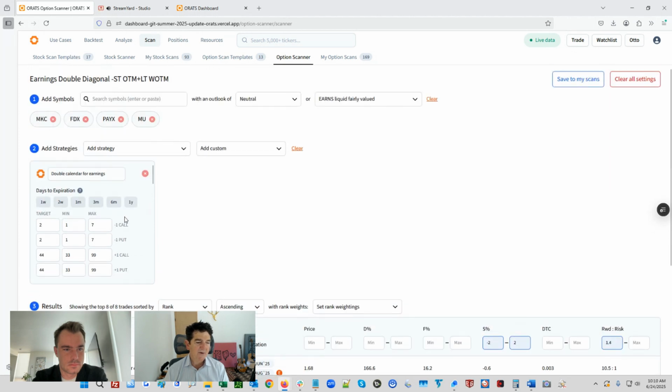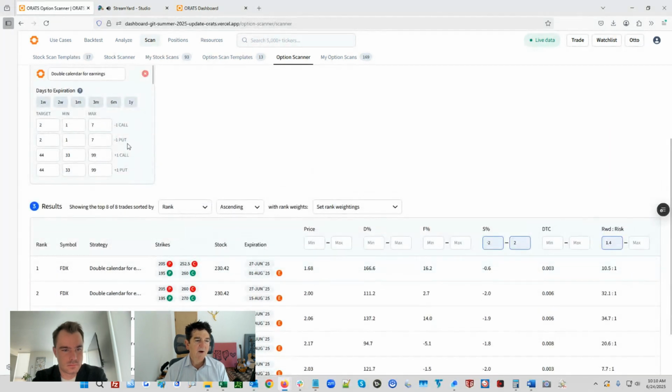But I want to find double calendars. I like that. There's often a pronounced skew in the front months versus the back months, and sometimes they get it wrong. They pronounce it too much, and then we'll see it in our forecast, or I like to look at the forecast.